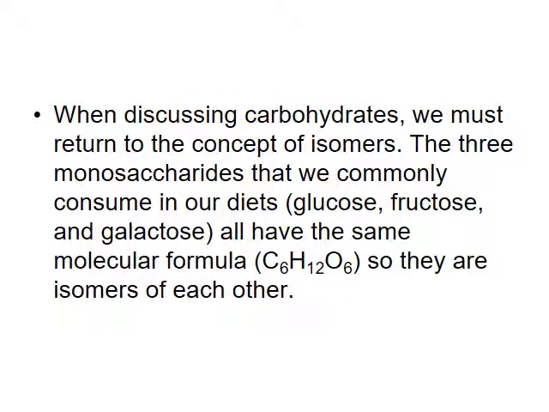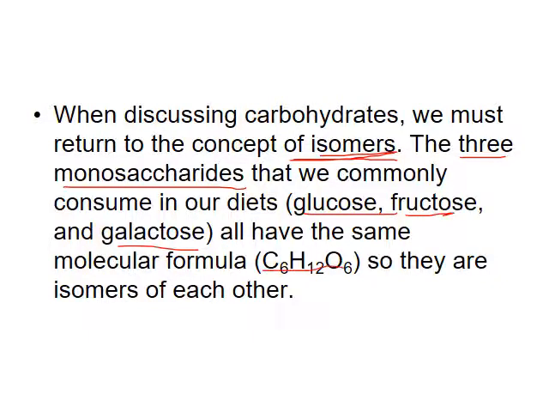Alright, so when we discuss carbohydrates, we're going to end up talking about isomers. And isomers, remember, is same chemical formula but different bonding. Three monosaccharides we'll be looking at, commonly found in our diet, are glucose, fructose, and galactose.